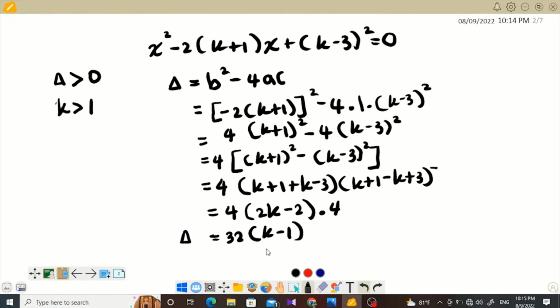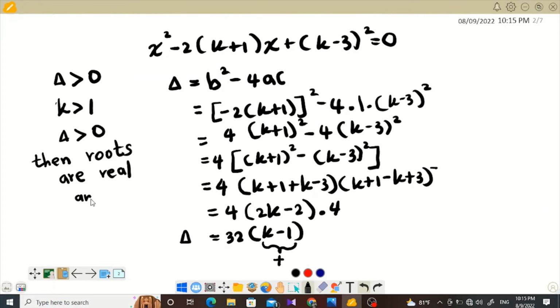So the k minus 1 term is definitely positive, since k is greater than 1. So I can say delta is greater than 0 for sure. Then the roots are real and distinct. Like this we solve the first part of the problem.